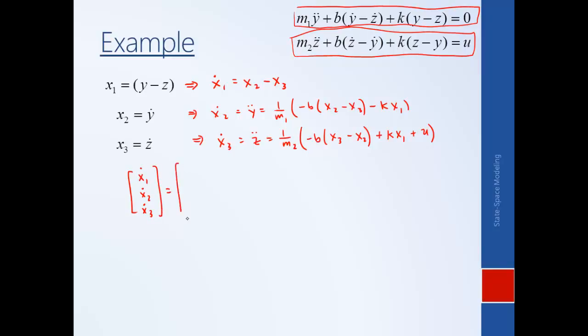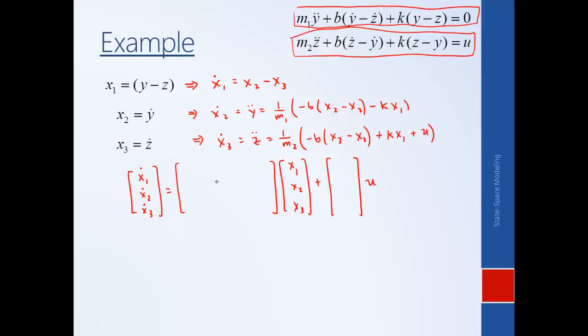It's going to be equal to my A matrix multiplying my vector of state variables x1, x2, and x3, plus my B matrix multiplying my inputs. In this case, I just have a single input u.